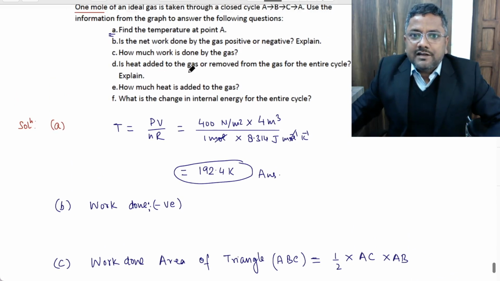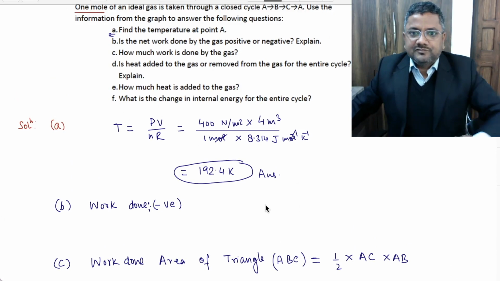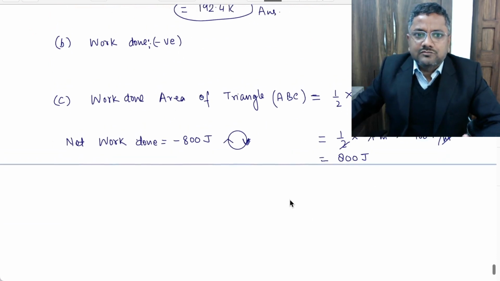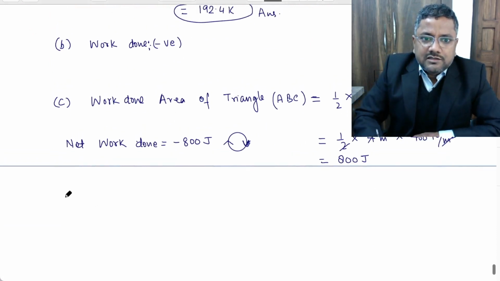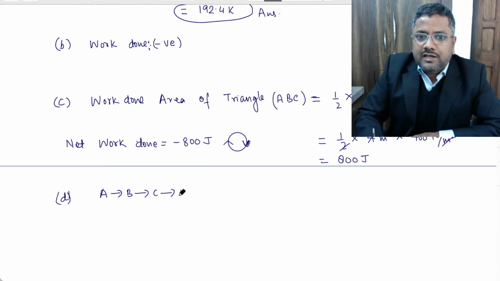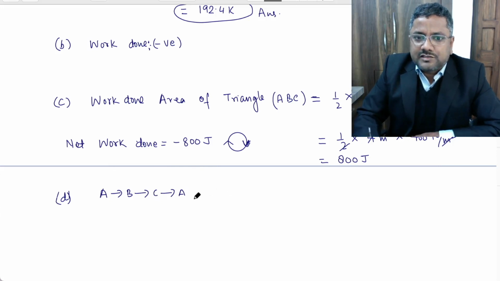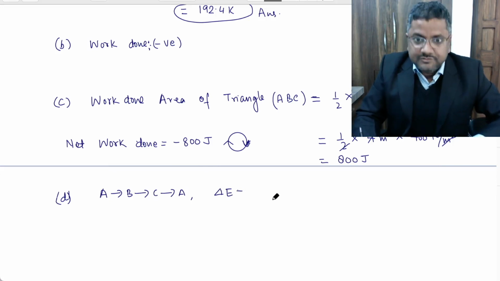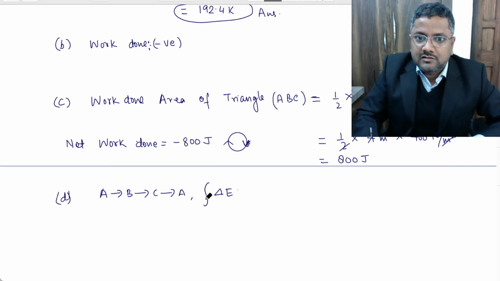Is the heat added to the gas or removed from the gas in the entire cycle? See, as we know that it is a cyclic process. We are moving A to B, B to C, C to A. This is a perfect cyclic process. So delta E for this cycle is equal to 0.